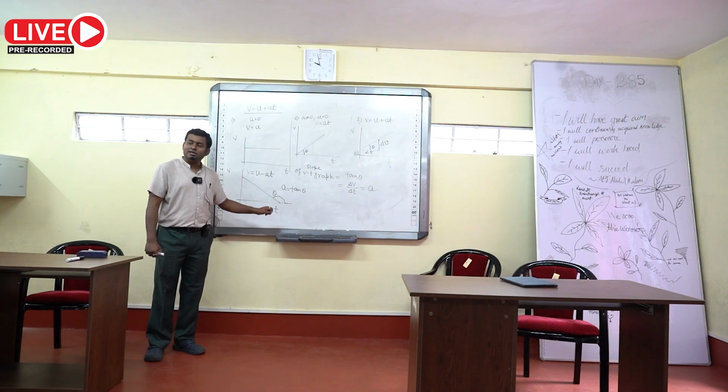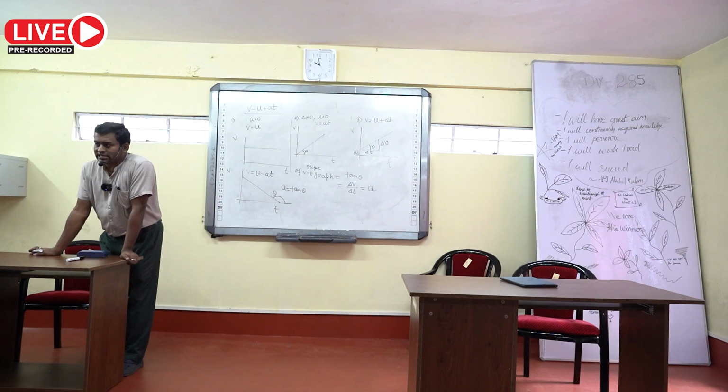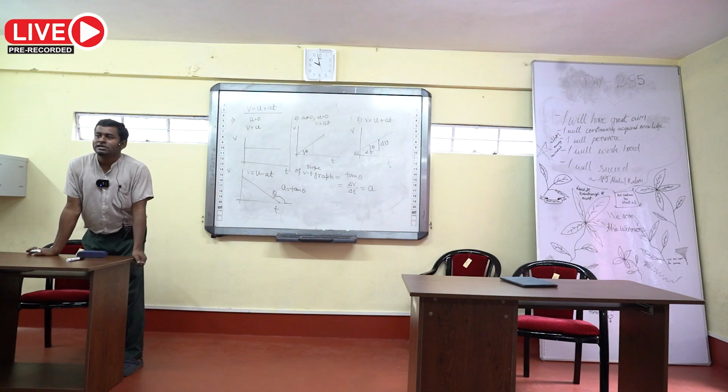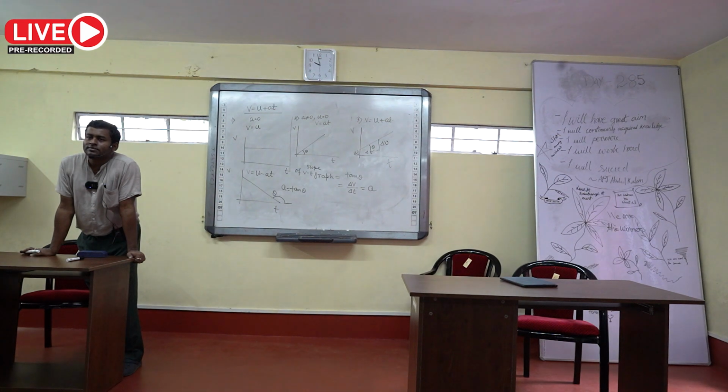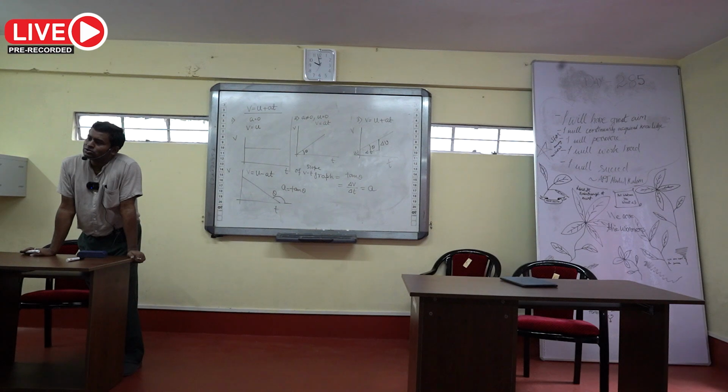Now tell me, this angle theta for this graph, is it greater than 90 degree or less than 90 degree? Greater than 90 degree, but less than 180 degree. So it lies in which quadrant? Second quadrant. And in second quadrant, which trigonometric ratio is positive?